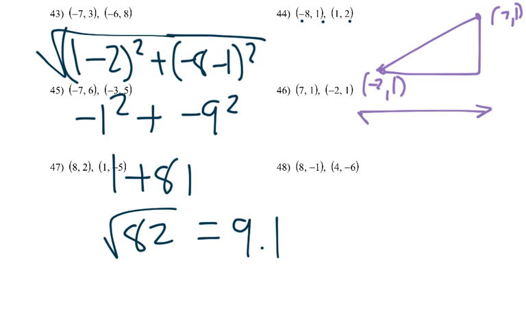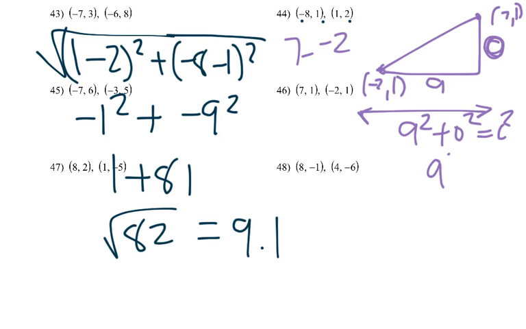Because they have the same y values. So this would have a 0 for that length. 7 minus a negative 2 would give us 9 for that length. So it would be 9 squared plus 0 squared equals c squared. So 9 squared equals c squared. Take the square root, and we'd have 9 equals c.